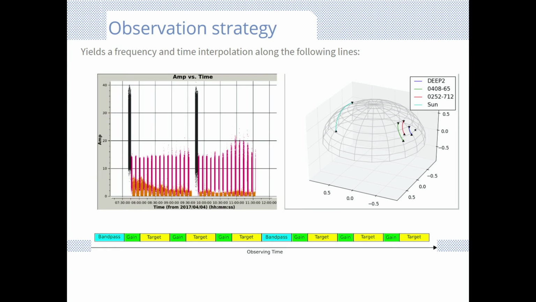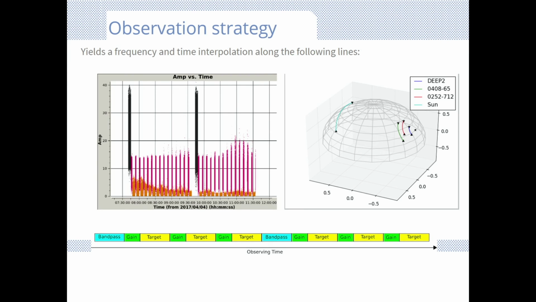So the typical observation strategy goes as follows. The bandpass calibrator, which we observe primarily just to calibrate the frequency response, is observed few and far between. Right? Remember that we stated that the frequency response of the system should not change in a well-designed system.